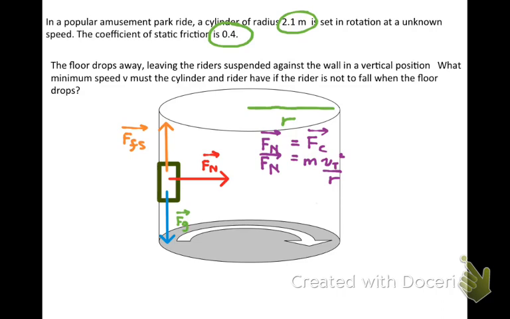Let's go ahead and look at what is the relationship between normal force and static friction. Well, if you recall, right up here, the relationship between static friction, force of friction static, is equal to the coefficient of static friction times the normal force, the surface that it's in contact with.